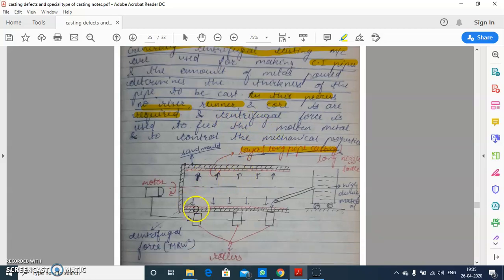Here with the help of centrifugal force, this molten metal is pasted and distributed on the periphery of this cylinder, and here the effect is centrifugal force. Therefore, we say the process is centrifugal casting.